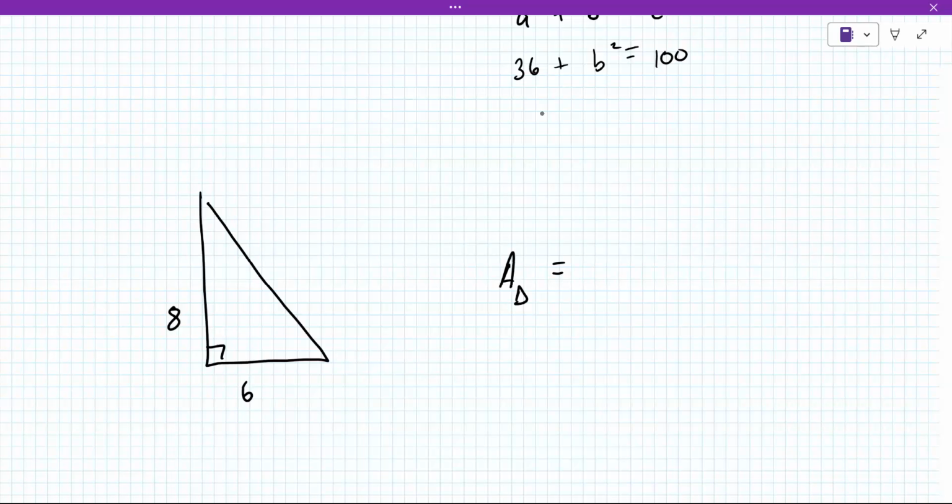What is the formula for the area of a triangle? The formula for area of a triangle is 1/2 times B times H. So 6 times 8 is 48, divided by 2, that's 24. 24, very good. Now let's add some units. Let's say it's 6 meters and 8 meters. 24 meters squared. Very good.